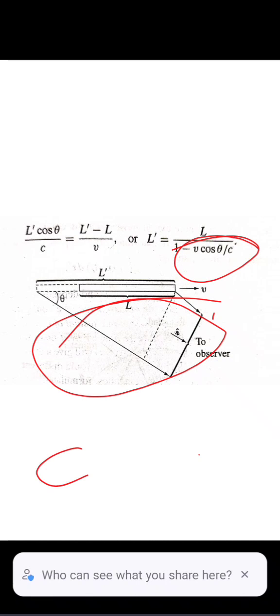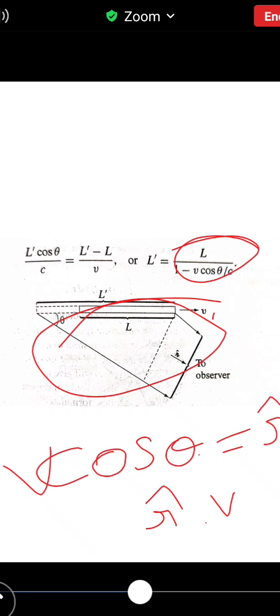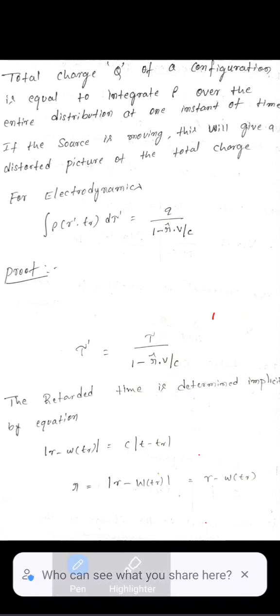So v cos theta is equal to r cap dot v. I can substitute this v cos theta equal to r cap dot v in this equation, so we get r cap dot v by c.